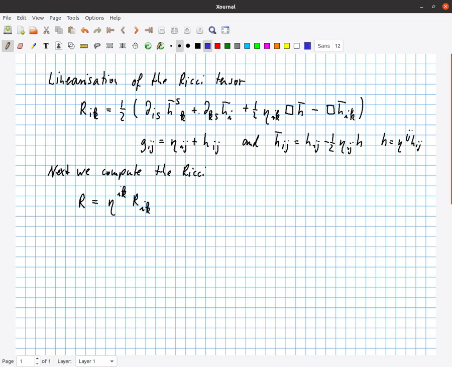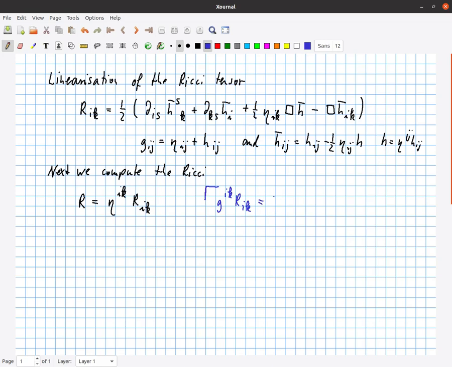Some of you might ask, why are we not writing g here? The full definition of the Ricci scalar, of course, involves the inverse metric.